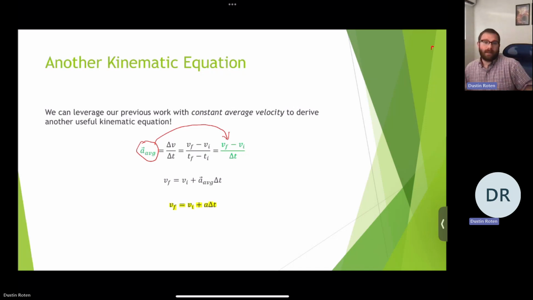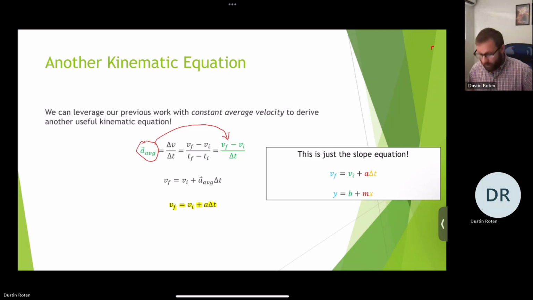So we can simply just write it as a. So here's another useful kinematic equation that deals with motion with a constant acceleration. And you'll notice, just like in the last situation where we had our final position equals the initial plus velocity times time.